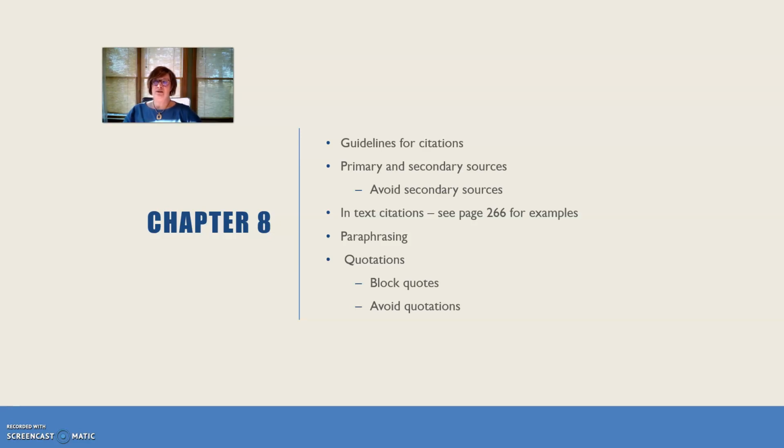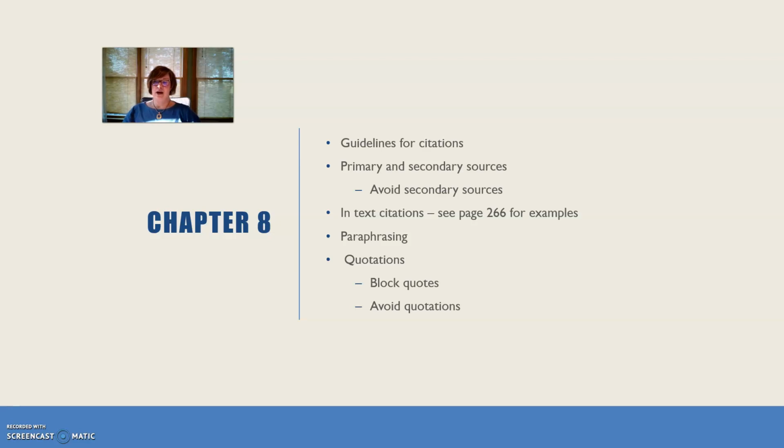We always want to use primary sources when feasible. We don't want to use removed resources such as secondary resources. This goes through in-text citations, and I suggest that you tab your APA manual and see page 266 for examples, and it also goes into paraphrasing and quotes.